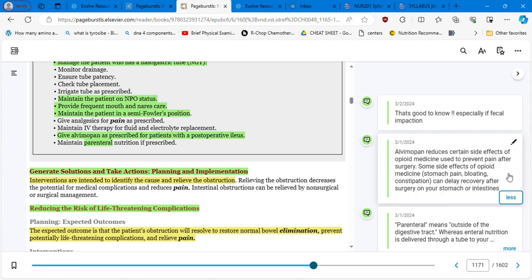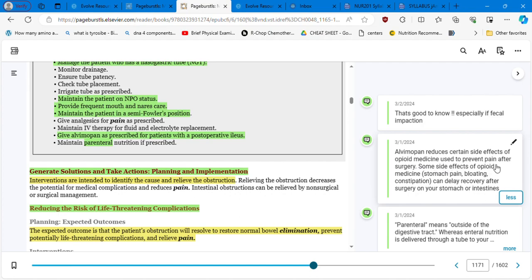So albumin reduces certain side effects of opioid medicine used to prevent pain after surgery. The patient is going to receive pain medication for the surgery, right? This pain medication is going to cause constipation. So you give it to reduce certain side effects of opioid medicine, like constipation.